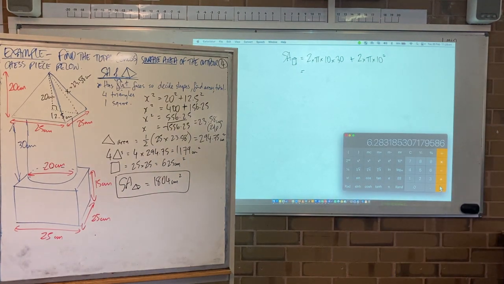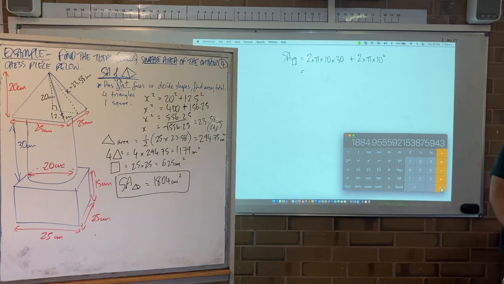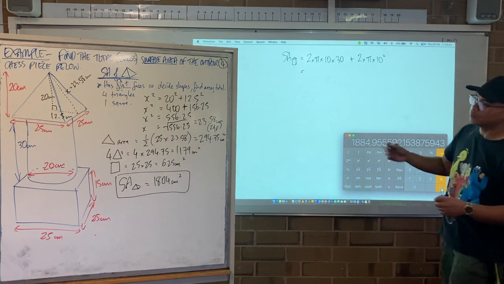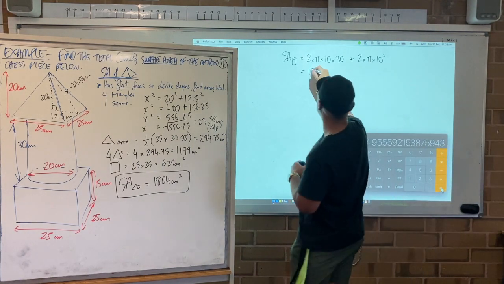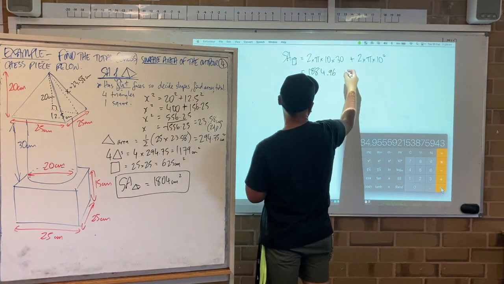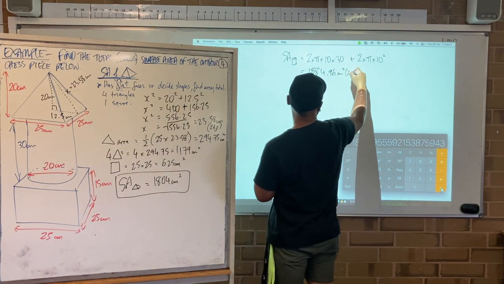Okay? That's fine. That's why we ask these questions. 2 times pi times 10 times 30. So the rectangular part of the cylinder is 1884.96 square centimeters, rounded to 2 decimal points.